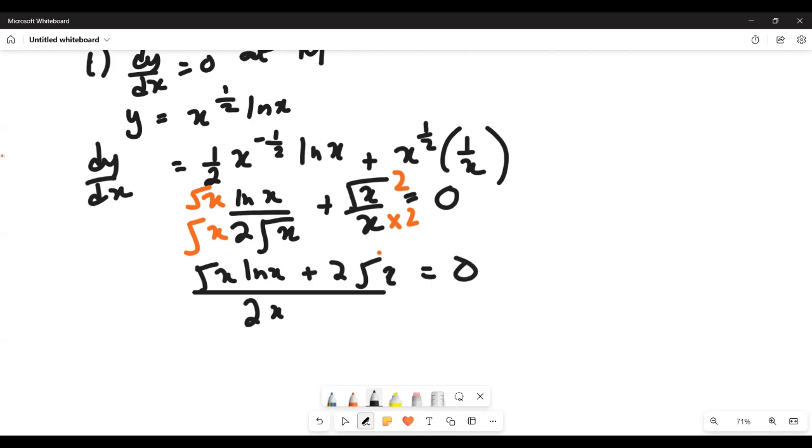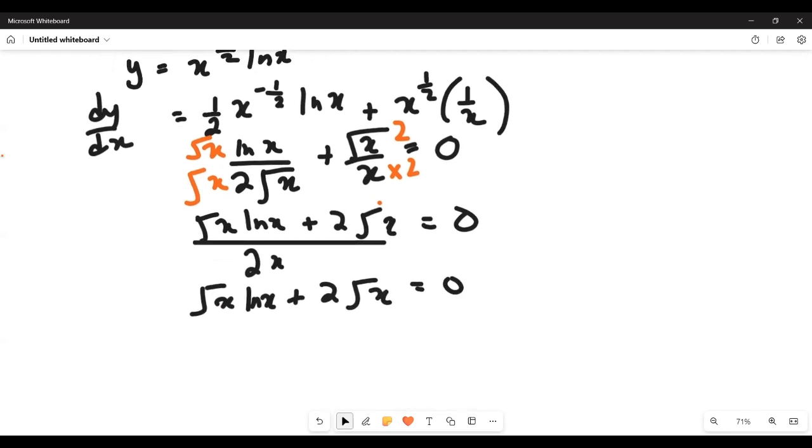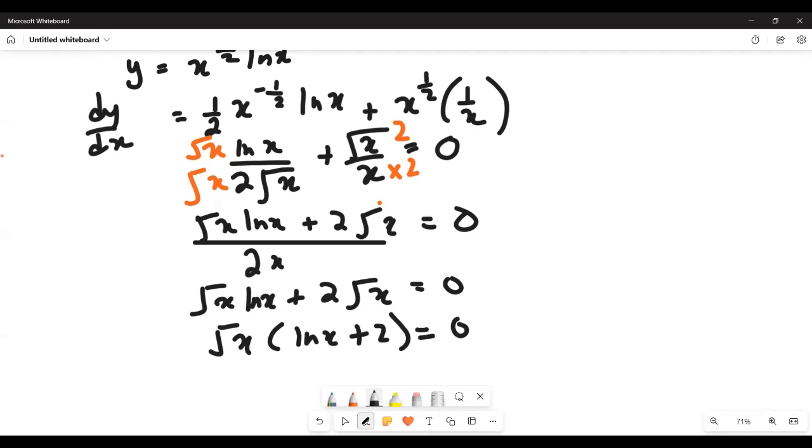So the denominator gets eliminated, and we just have square root of x ln x plus 2 square root of x equals 0. Square root of x is common, so ln x plus 2 equals 0.